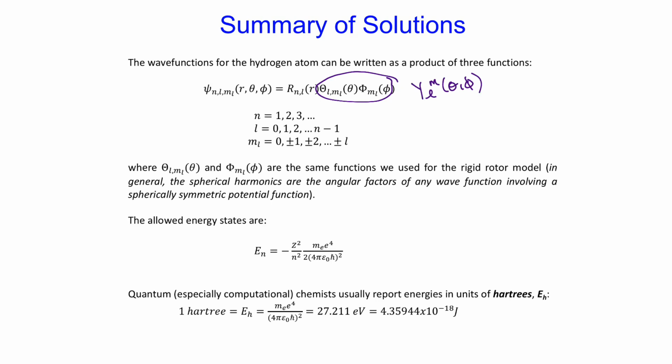Just one last side note before we finish up. When we talk about energies as quantum chemists, especially if you're a computational chemist, you tend to use some alternative units. Normally chemists like to use joules, the SI unit for energy. Quantum or computational chemists will often use energy units of Hartrees, which have the symbol E sub H. This is our definition of a Hartree, with a symbolic definition here with all of our constants.